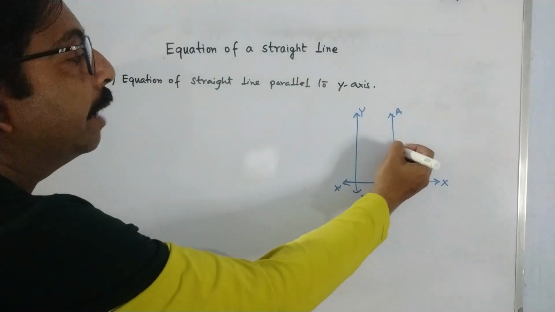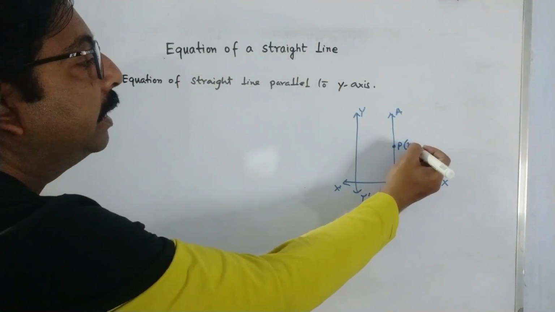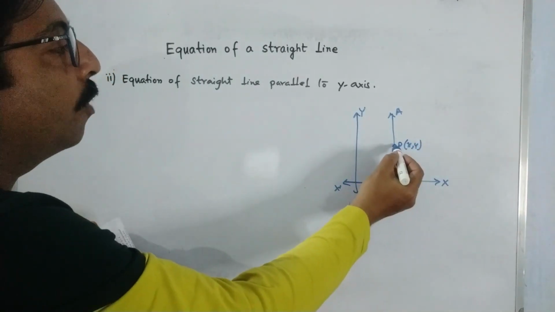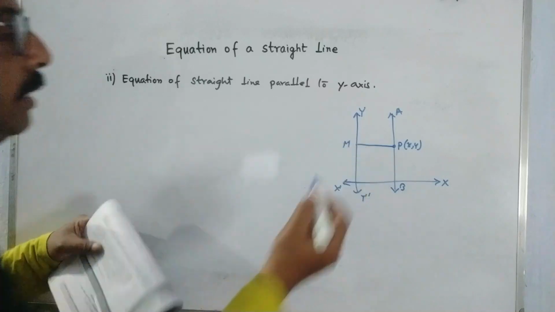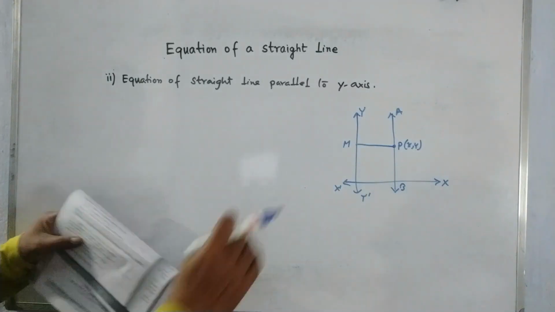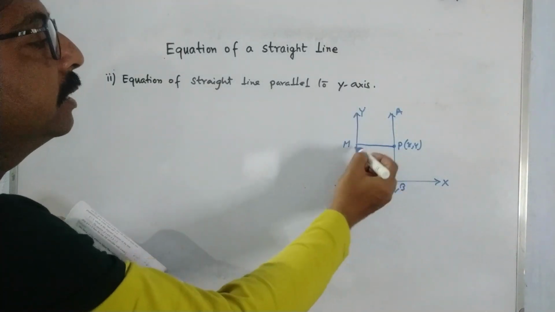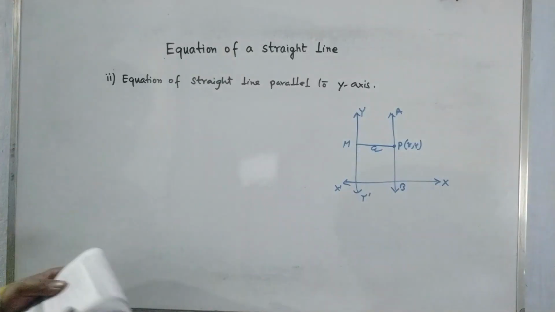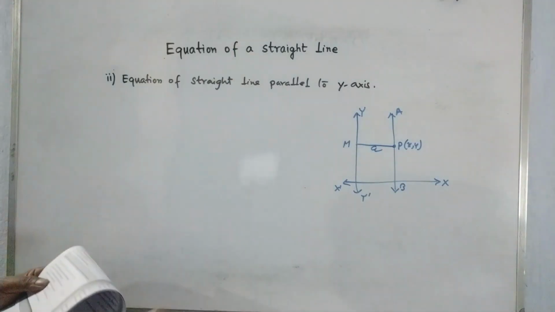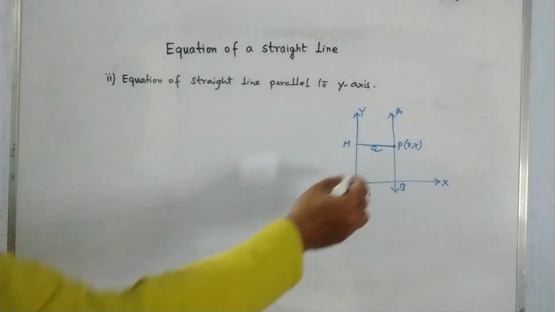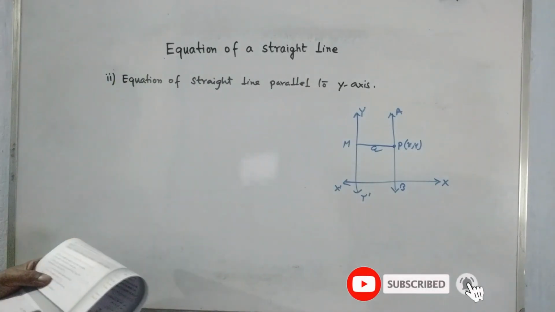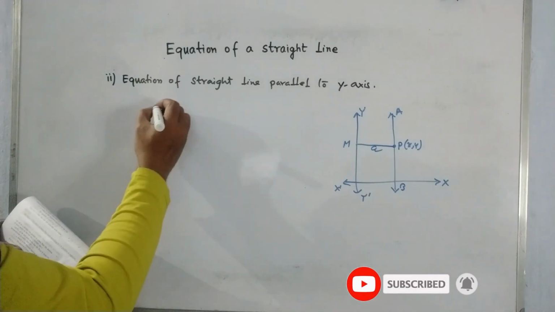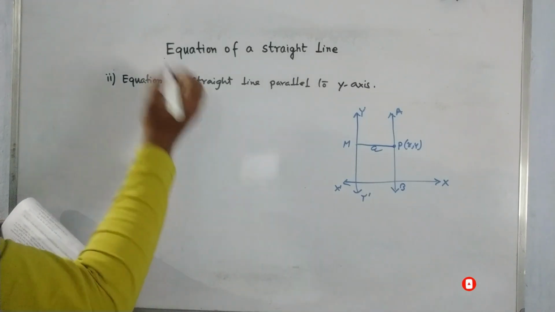We take a point P whose coordinate is xy, and we draw a perpendicular on the y-axis. Say this is PM, whatever it may be, and the distance is, say, a. So throughout the straight line, the value a is always constant. Therefore, we can write the required equation as x equals a.